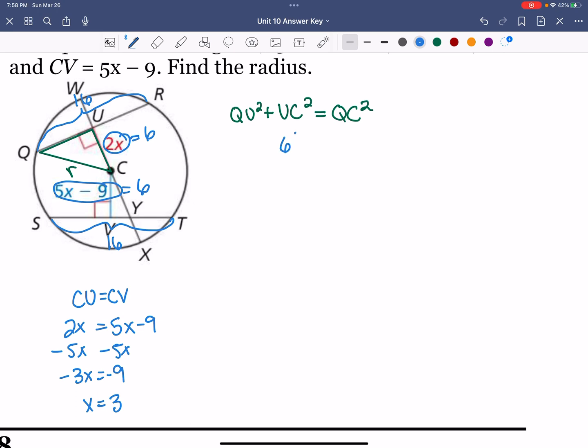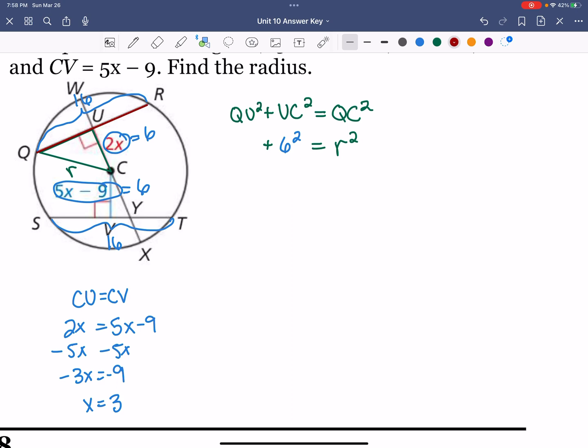So this will end up being 6 squared. Now I need to figure out what QU is, because I do know QC is going to be r squared. So I need to figure out QU. And what I know about QU is that it is part of an entire chord that is 16. That is something that we were given earlier, that the entire chord is 16.